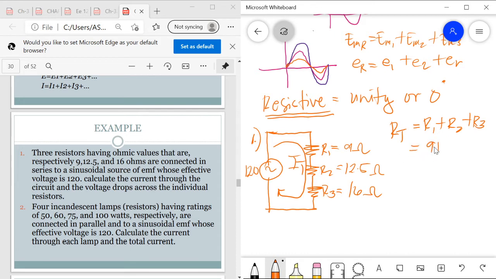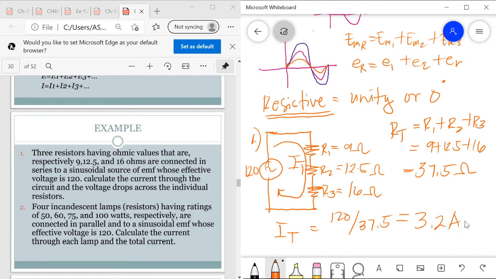We'll get 9 plus 12.5 plus 16, so that is equal to 37.5 ohms. So, total current will be 120 divided by 37.5. You have 3.2 amperes.